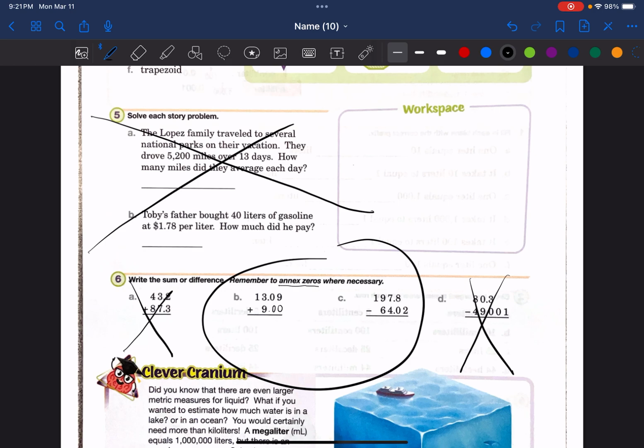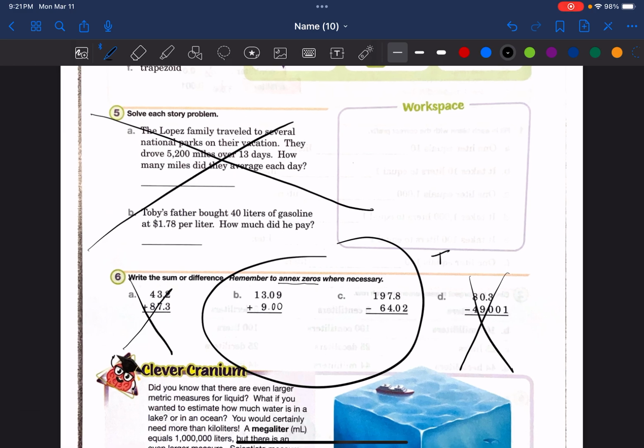Or even a better example is in C. I have 197 and 8/10ths, but I'm taking away 64 and 2/100ths. I cannot take hundredths away from tenths or tenths away from hundredths because they're not in the same place value. So you have to add zeros in.